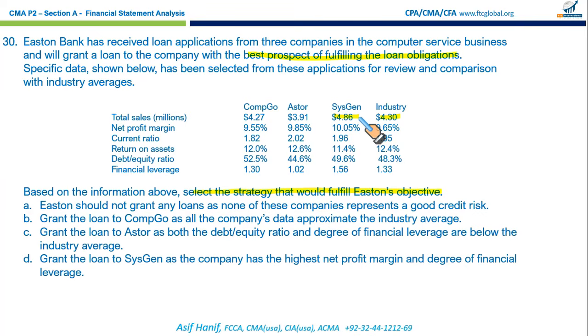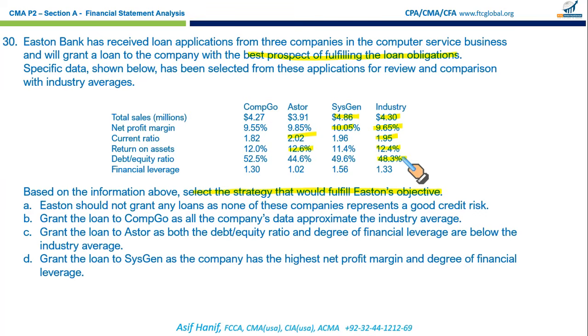Net profit margin, industry average is 9.65. The company beating the margin is Sysgen. Current ratio, industry average is 1.95. The best is Astor. Current ratio, bigger the better. Return on assets, industry average is 12.4, and the company that is beating it.